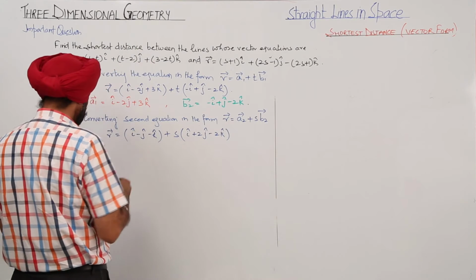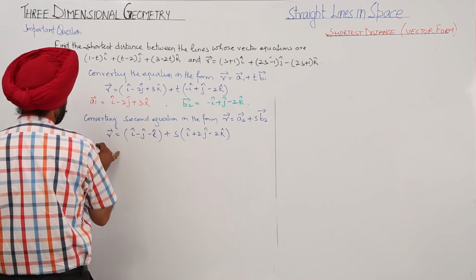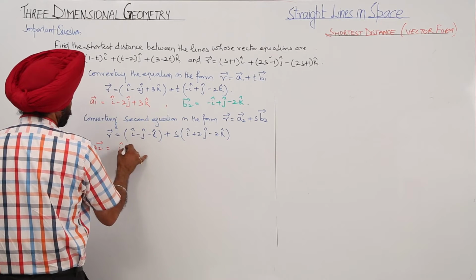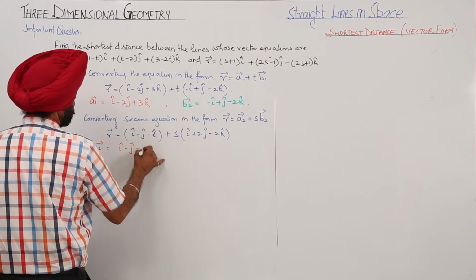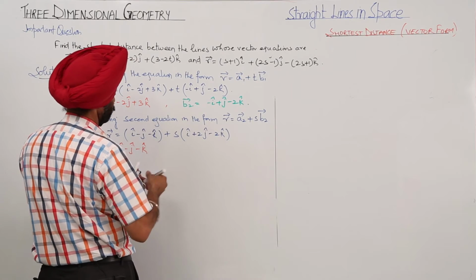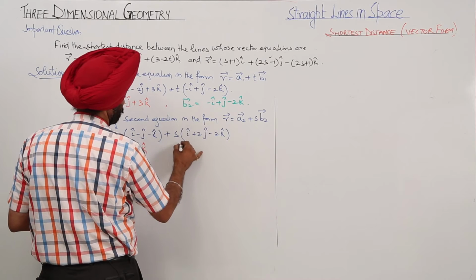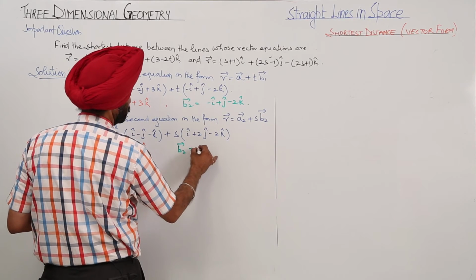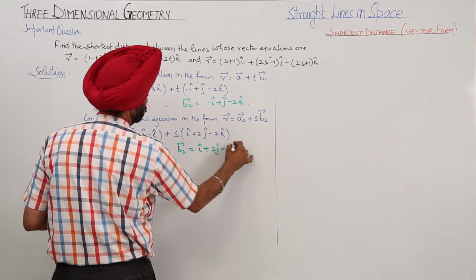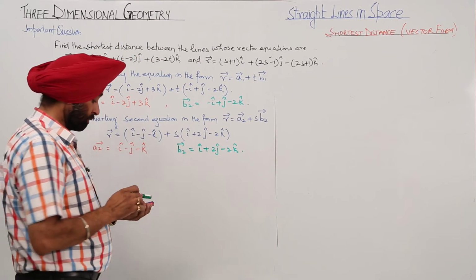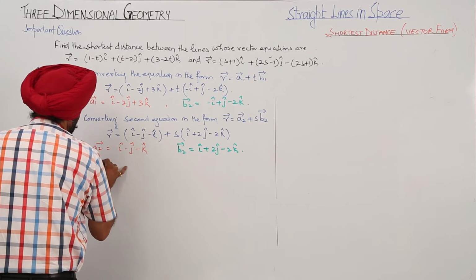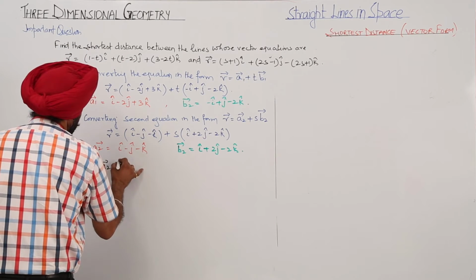Okay. Now a2 is equal to i cap minus j cap minus k cap and vector b2 is equal to i cap plus 2 j cap minus 2 k cap. First thing, vector a2 minus vector a1.